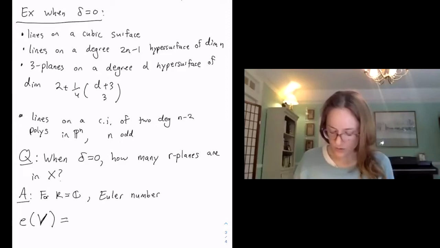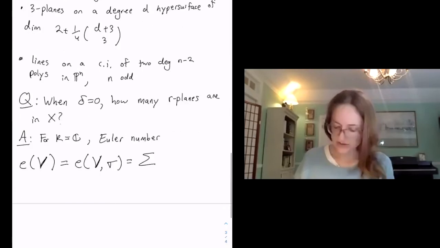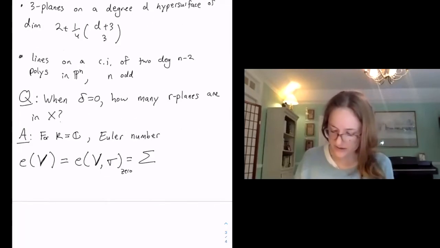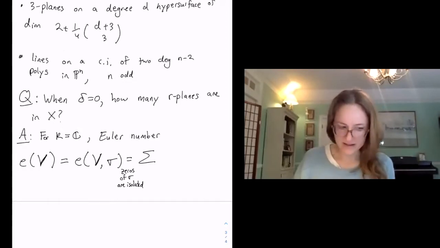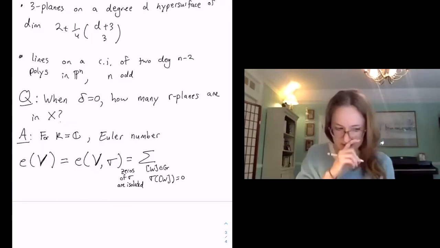And one property of Euler numbers is that they can be computed with respect to any section as a sum over the zeros of the section. And this is valid because the zeros of sigma are isolated. And so we're taking the zeros of the section, Gr for Grassmannian, and W is 0 means this is equal to 0.